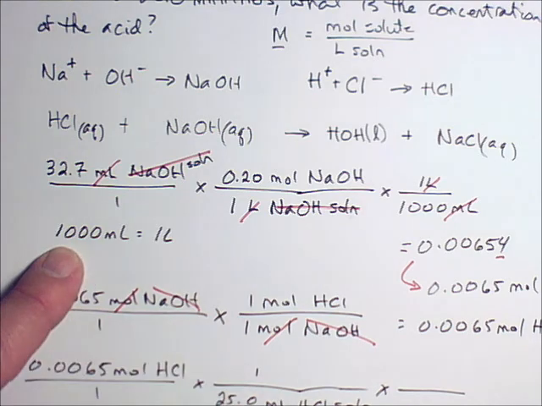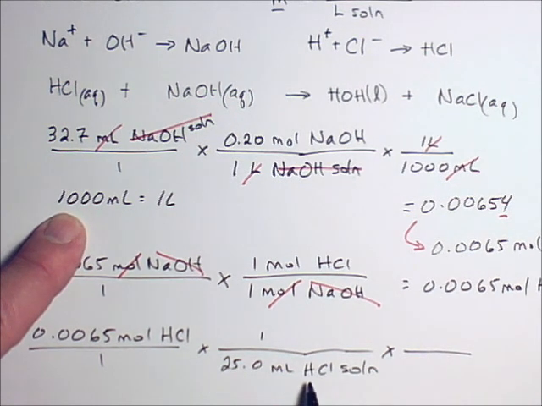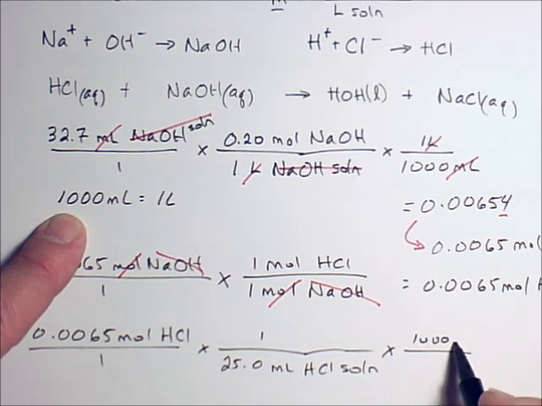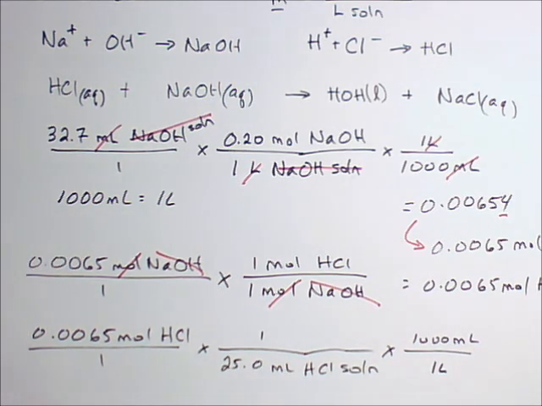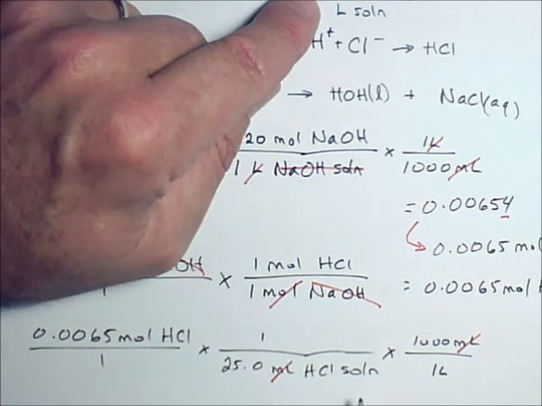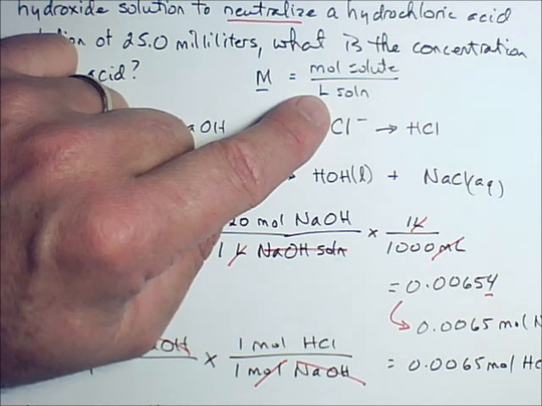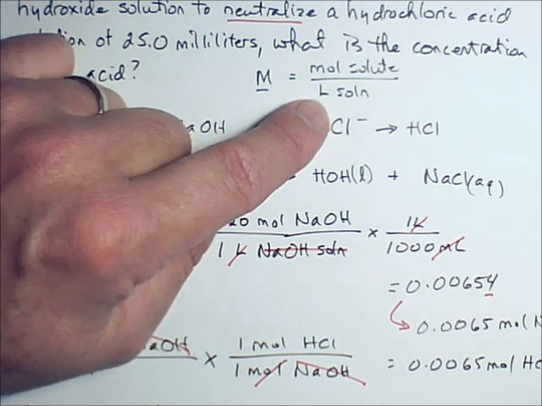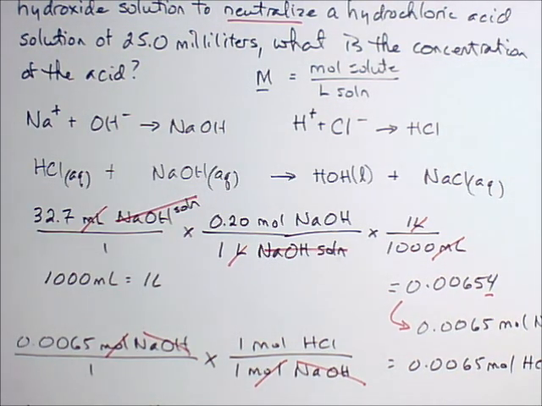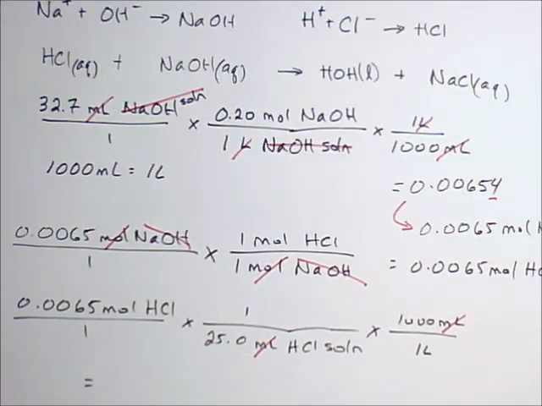I want to put milliliters on the top in order to cancel the milliliters here. 1,000 milliliters, 1 liter. Now let's cancel and see if we got everything set up the way we want it. Milliliters are going to go away, and that's all we're going to be able to cancel. Well, we've got moles of HCl and liters of HCl solution, and that's what we need for a concentration unit called molarity.